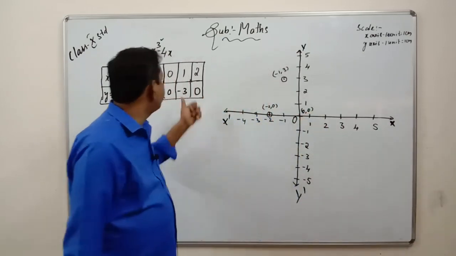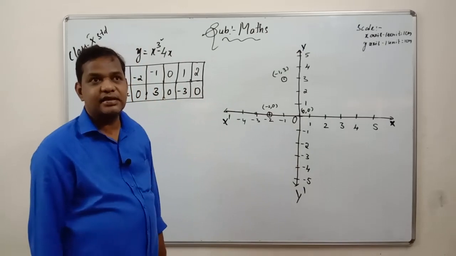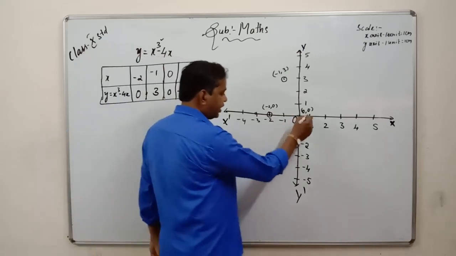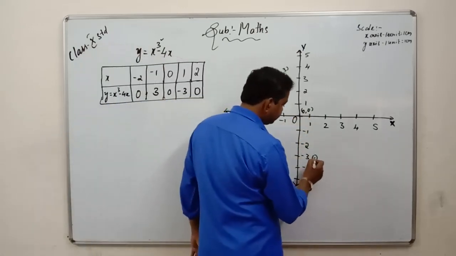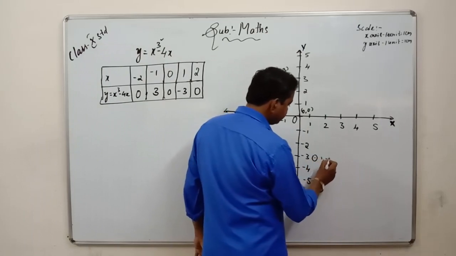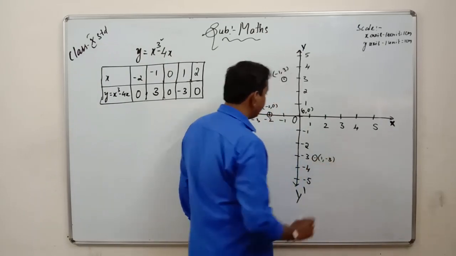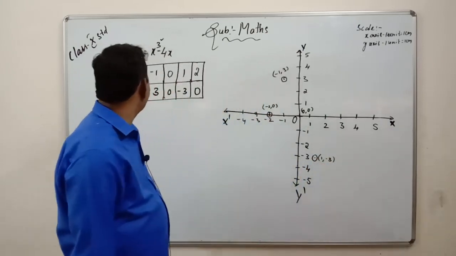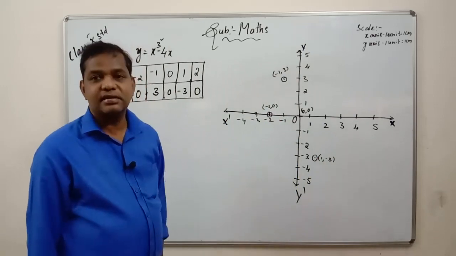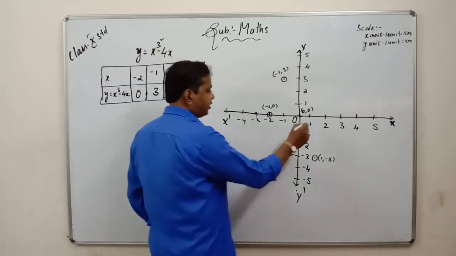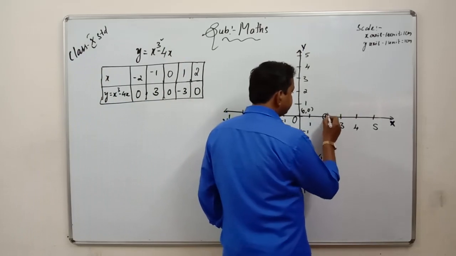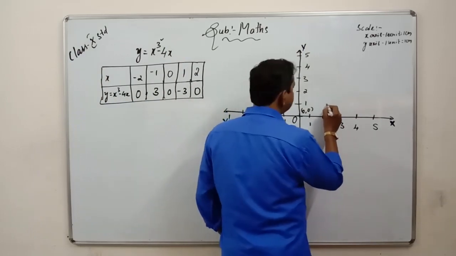Then again he has given 1 and minus 3: x is 1 and y is minus 3. Then x is 2, y is 0, so this point will be here.